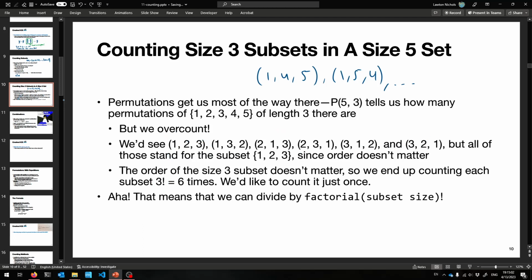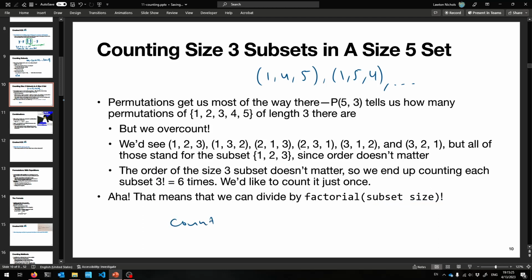So 3 factorial different ways, 6 times that we're going to count everything. So this chunk of 6 should really count as one subset. All we need to do then is divide by the factorial of the size of the subset that we care about, so by 3 factorial. We're going to overcount everything 6 times, and we want to get rid of that.